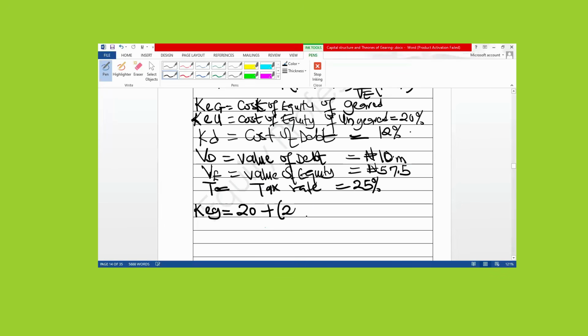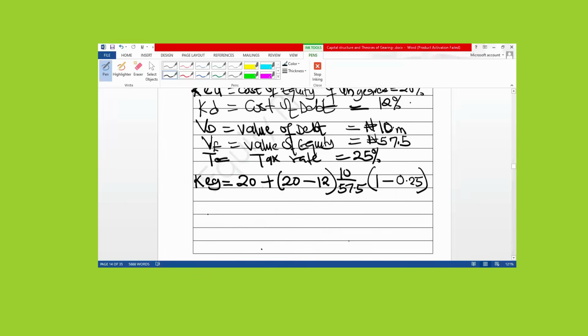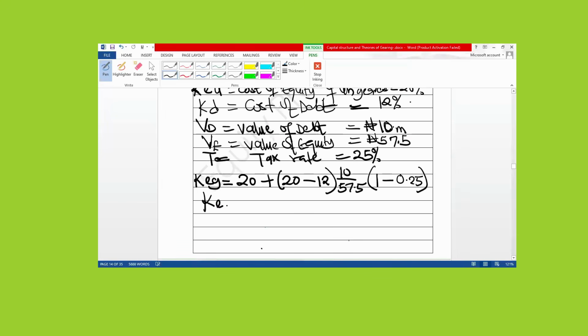Plus bracket 20 minus 12, value of debt 10 over value of equity 57.5, bracket 1 minus the tax rate 25%, 0.25. Now work this out. Apply your calculator. Cost of equity of geared is equal to 20 plus bracket 8.